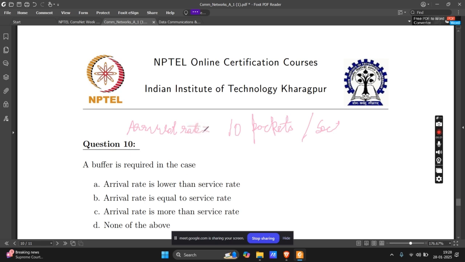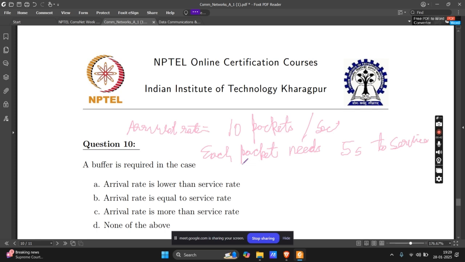But each packet needs 5 seconds to service. So each second 10 packets are coming, but each packet needs 5 seconds to service.